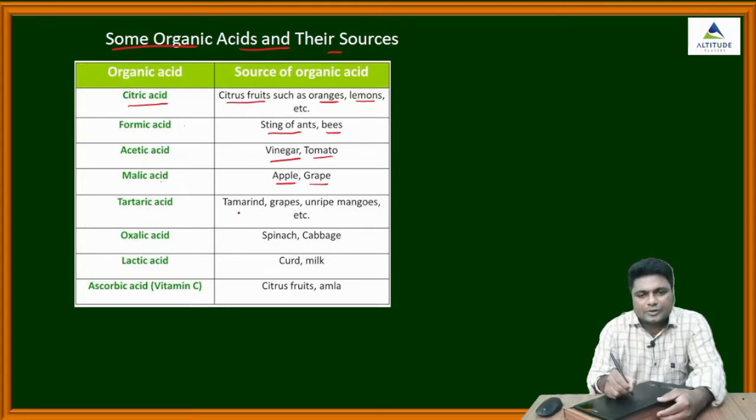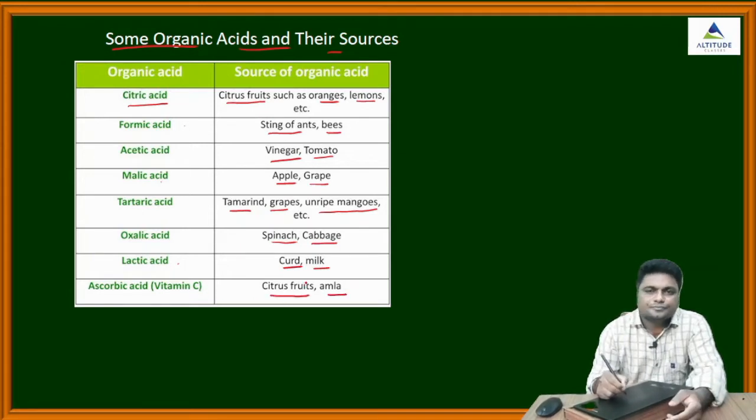Tartaric acid is present in tamarind, grapes, and unripe mangoes. Oxalic acid is present in spinach and cabbage. Lactic acid, what is the source? Normally curd and milk. Ascorbic acid means nothing but vitamin C, present in citrus fruits, that is amla. Clear guys? These are some organic acids and their sources.